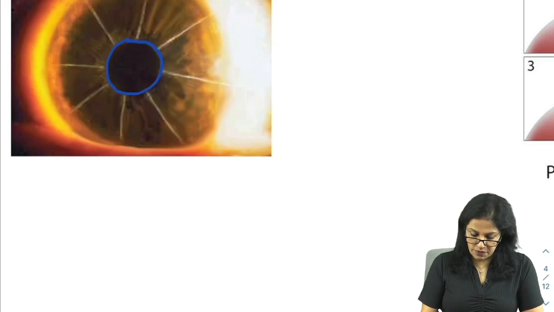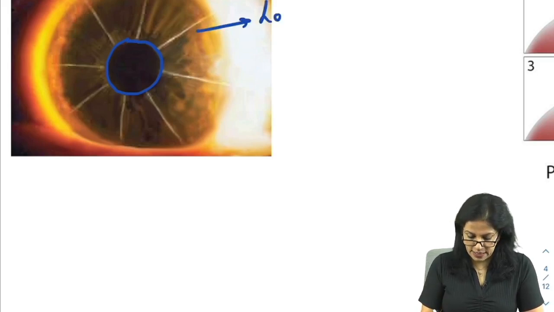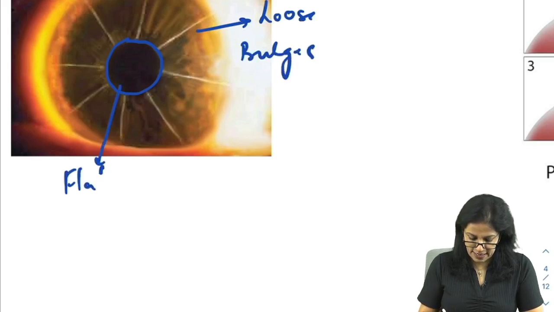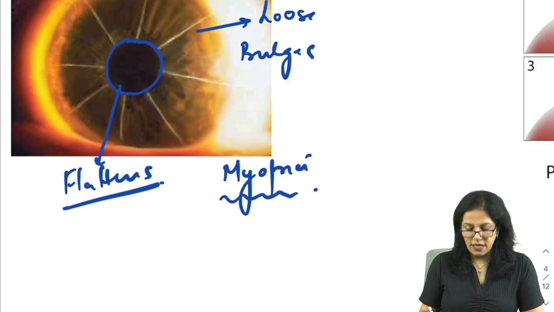And at the periphery of the cornea, as you can see, we are giving peripheral cuts with a diamond knife. 4 to 8 cuts are given. What happens? This becomes loose and it bulges. So when this bulges, the center is going to flatten, common sense. If the center flattens, that means RK is mainly used to correct myopia. So with radial keratotomy, we correct myopia.